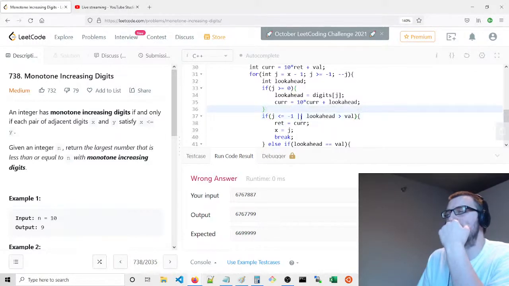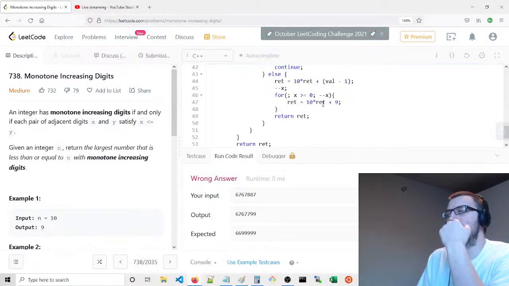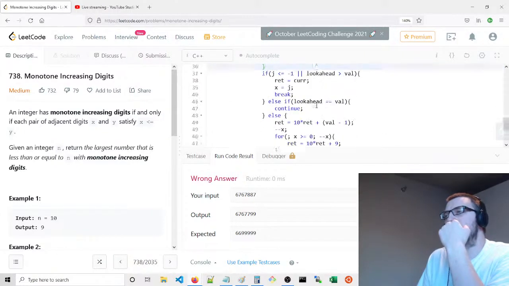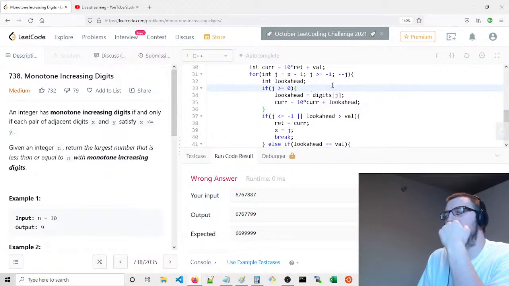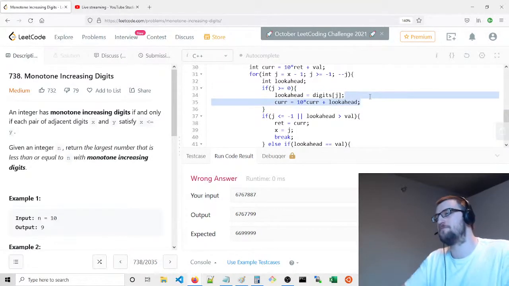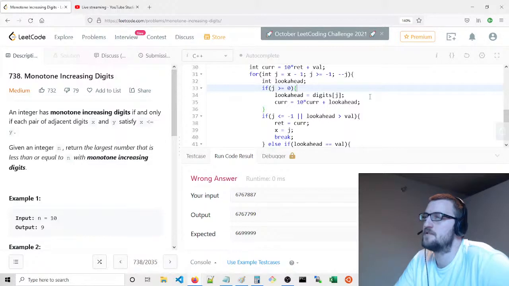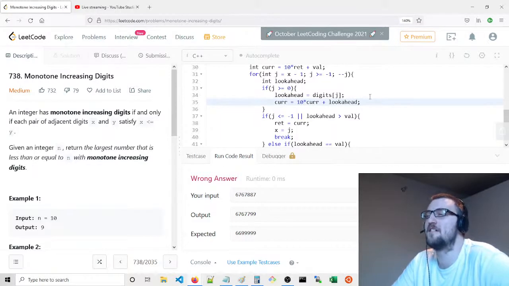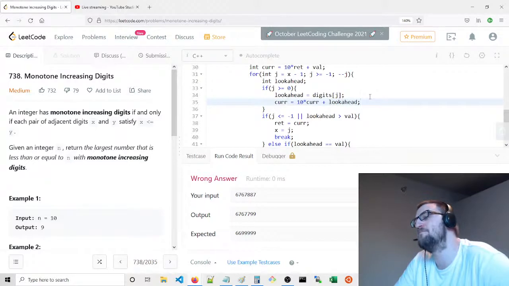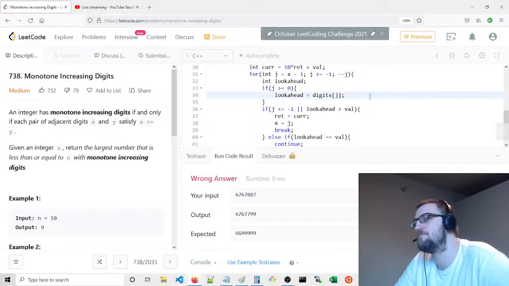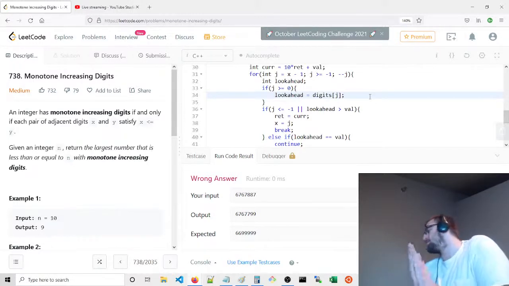Yeah, you don't necessarily include this digit.